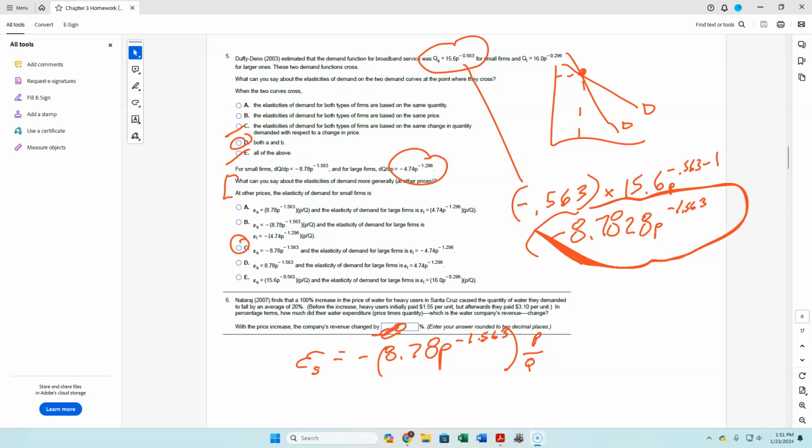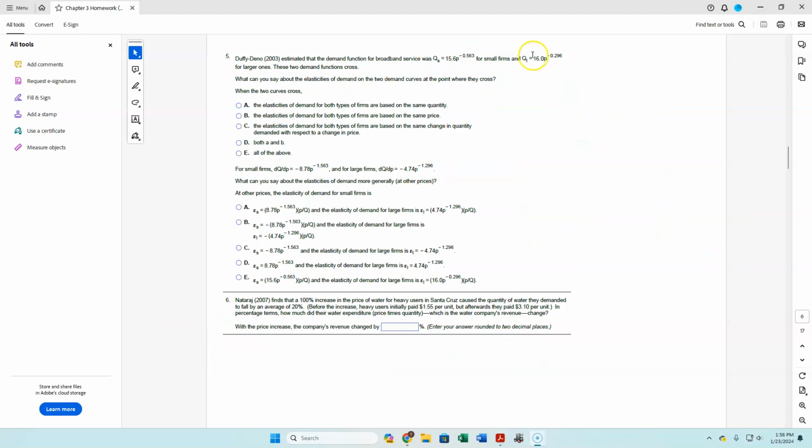And again, this is definitional, that what we're looking at here is dq dp, which is again my first order partial derivative with respect to my function, times p over q. And that's all we did here. We took that function that we were given here times p over q. And that's what we did here. Okay.